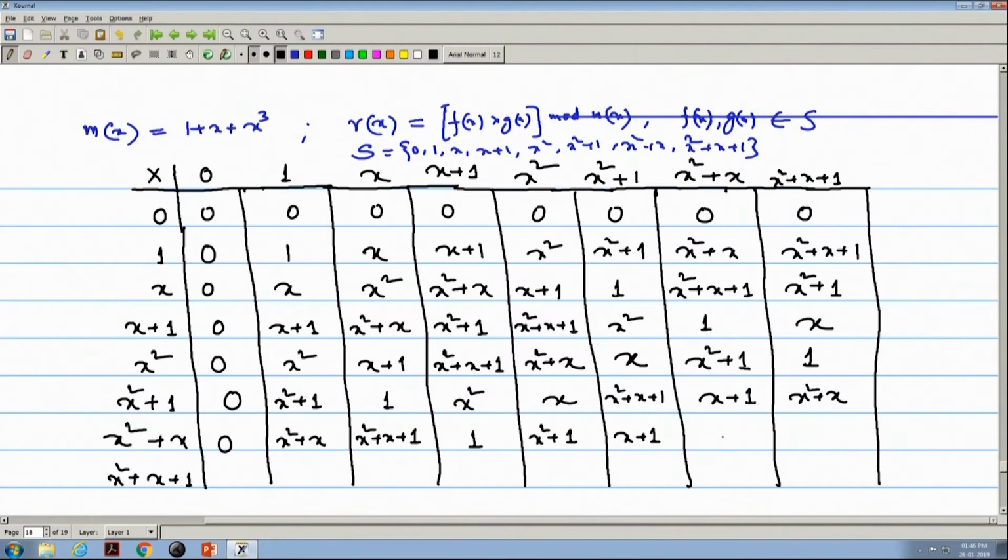Now, x, and this becomes, if I multiply, it will be getting x square, modulo mx we are taking. Now, this is 0, this is x square plus x plus 1. Now, this is x square plus 1, because if I multiply x cube plus x square plus x. So, x and x cube will go, x square plus 1.